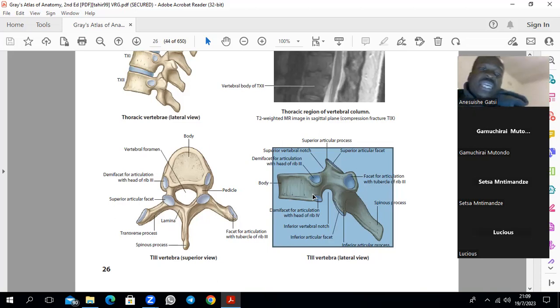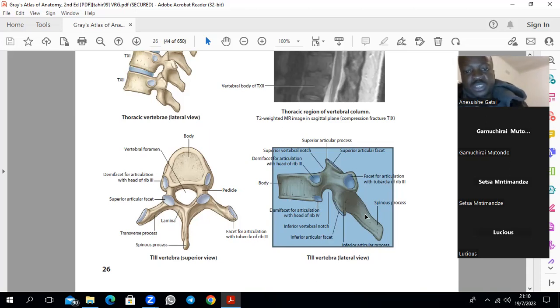So it's only on the bodies of thoracic vertebrae where you see facets on the side. These demifacets are for articulation with the ribs, nothing else.